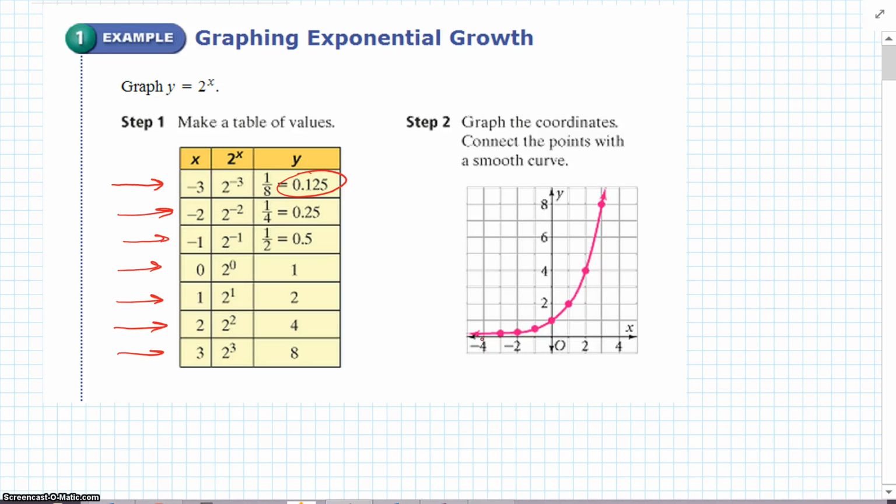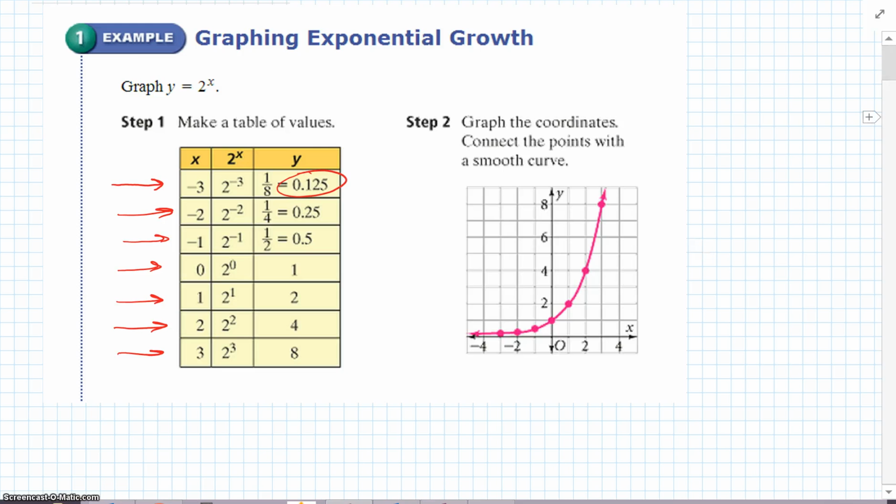We plotted our points for -3 through 3 on the x-axis, and we plotted whatever the y value is. We connect the points and create a smooth curve. This makes sense: exponential growth. As x gets bigger, y exponentially grows.